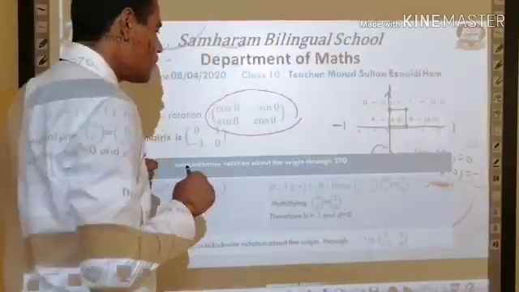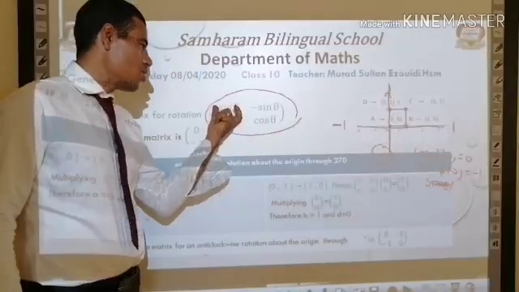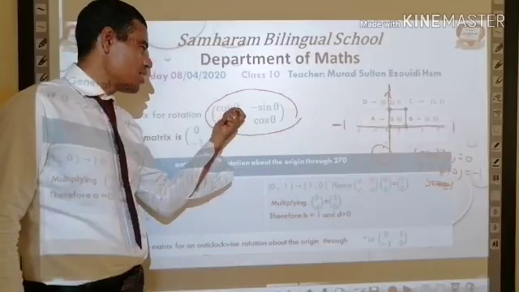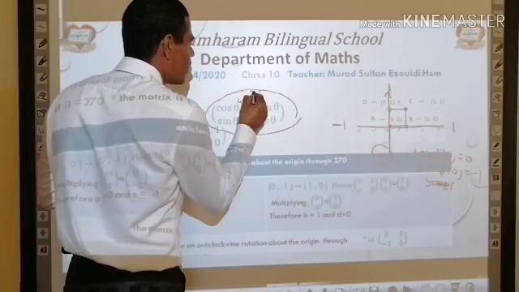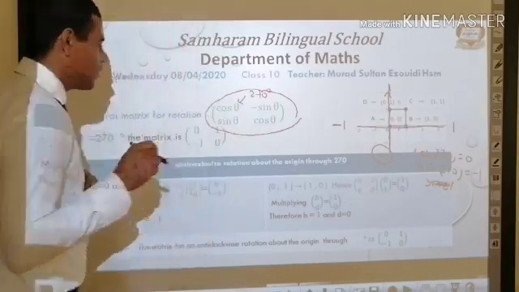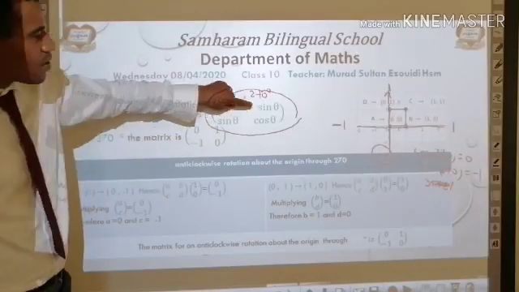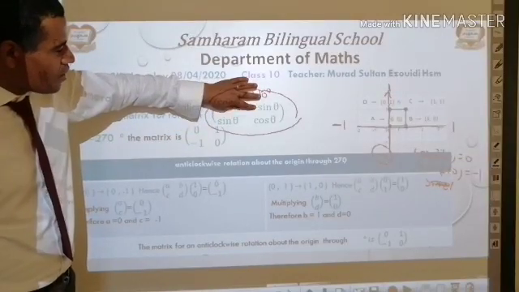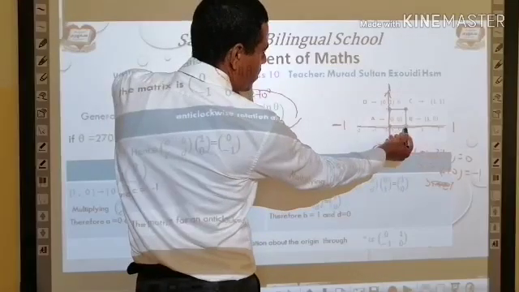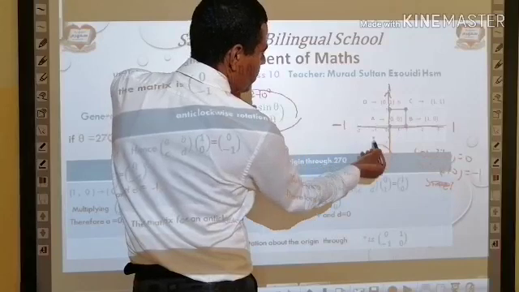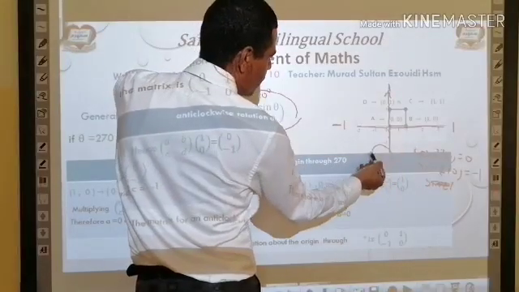Here we substitute in this trigonometric function theta equal to 270 degrees. So cosine of 270 is 0. Sine of 270 is minus 1; this is 90, this is 90, 180 plus 90 is 270, so sine of 270 is negative 1.